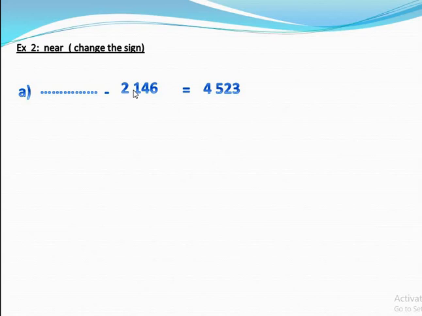So we are going to change the sign. So we have here minus, so we are going to change it into plus. It will be 2146 plus 4523. The answer will be 6669. Okay.